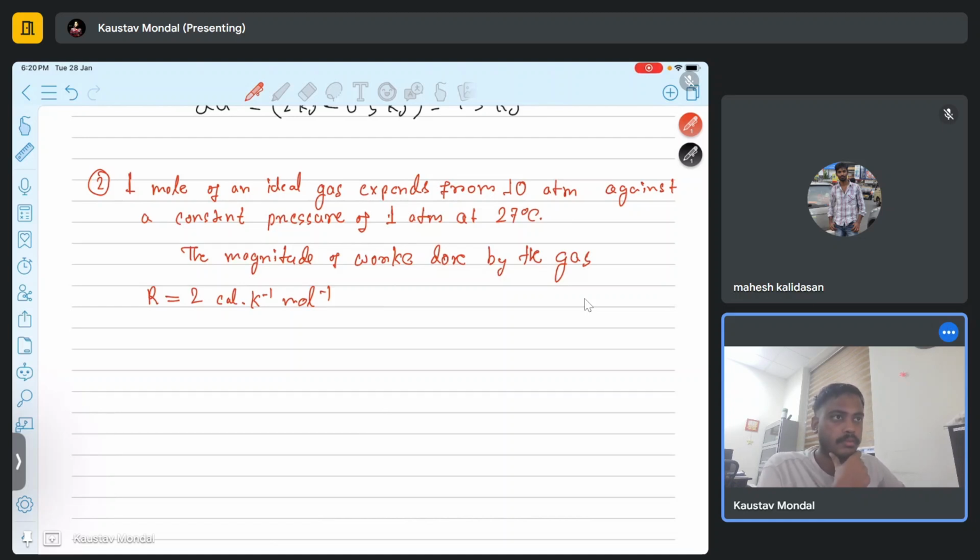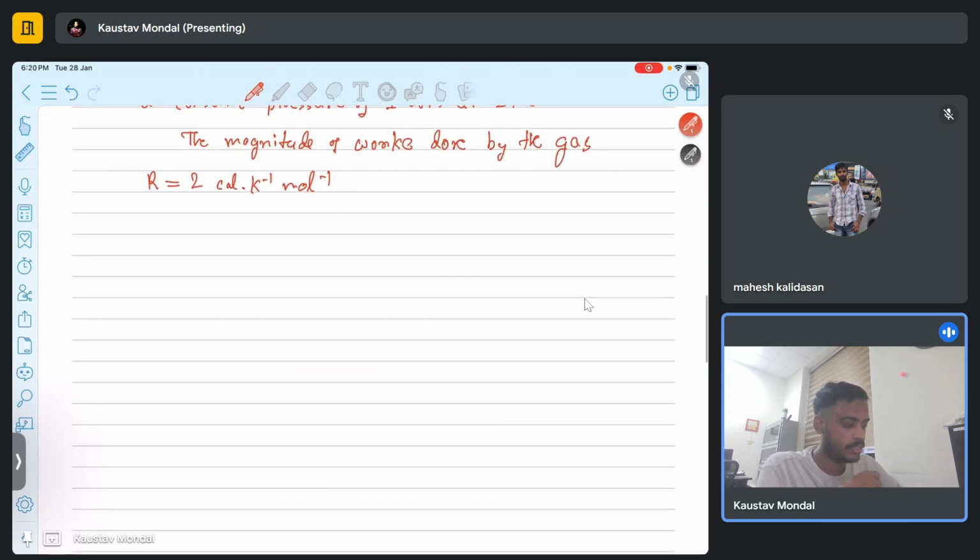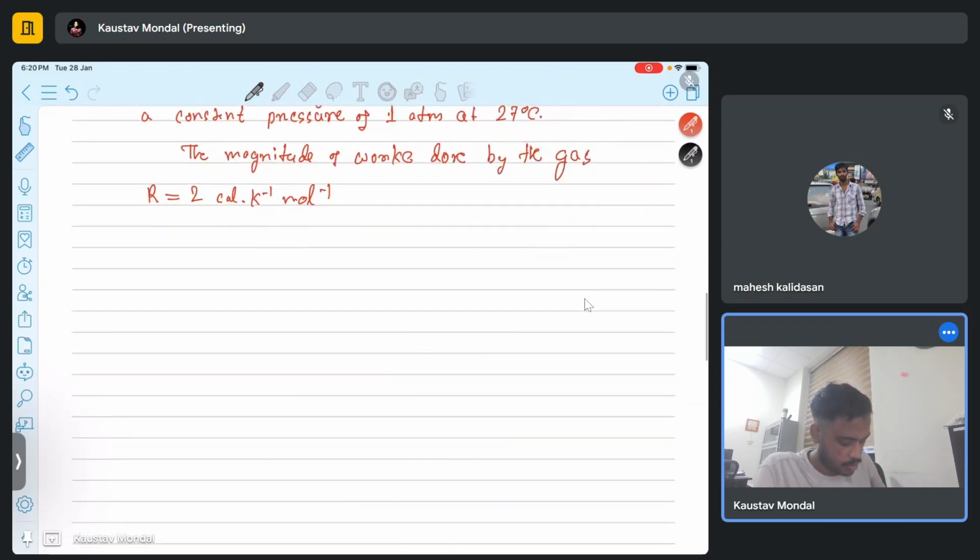So first we write the information that is given for the ideal gas. The mole is 1 mole, so n will be 1 mole.